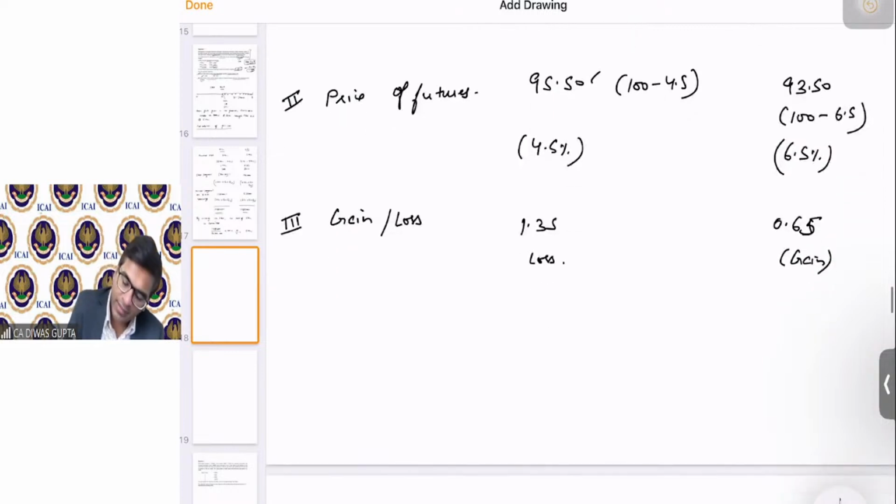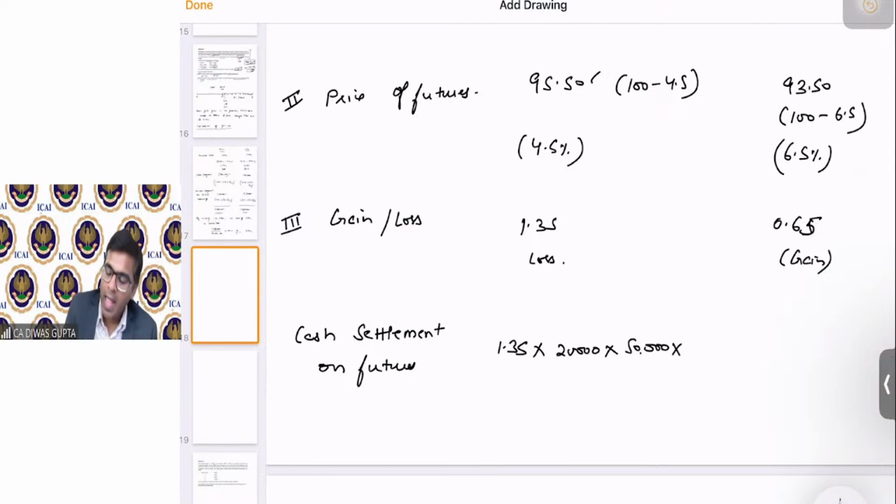Now, what will be the cash settlement on futures? So 1.35 is the loss. 2,000 were the number of contracts. 50,000 euro was one lot size. And this will happen for 3 months, students. Correct? Because 1.35 is the annualized loss. So 1.35 into 3 by 12, which is the duration of that future.